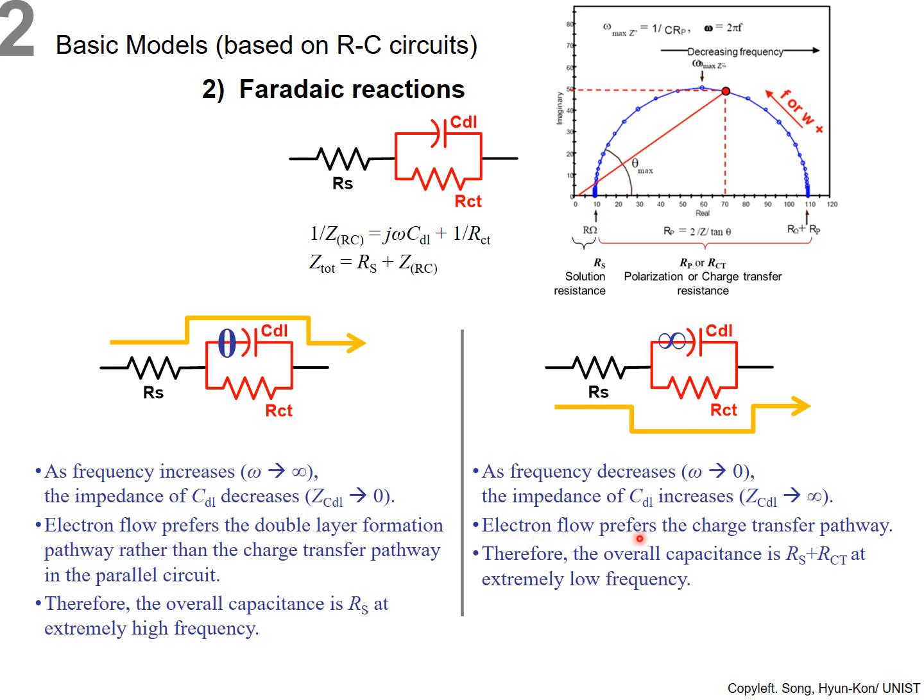Electron flow prefers the charge transfer pathway in this way, like following this yellow line. Therefore, the overall impedance is Rs plus R charge transfer at extremely low frequencies. So we could find the Rs plus R charge transfer on the right side on the x-axis at low frequencies if you have a pure Faradaic process without any diffusion there.